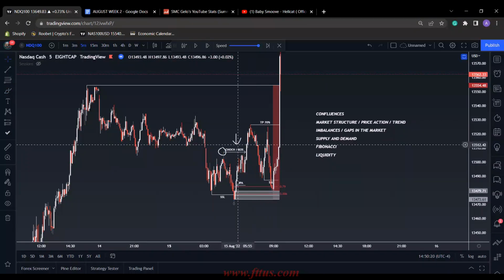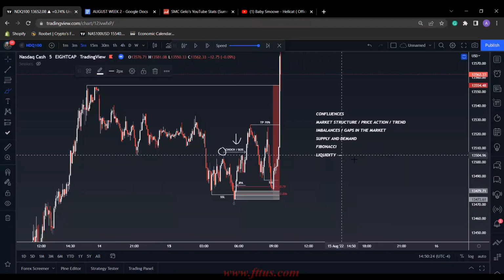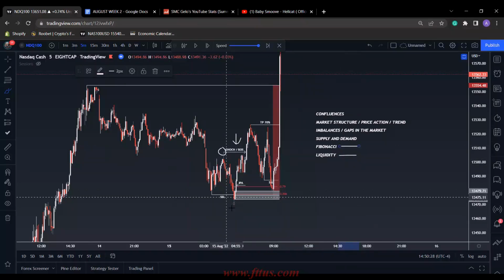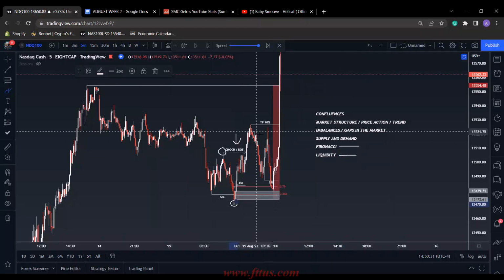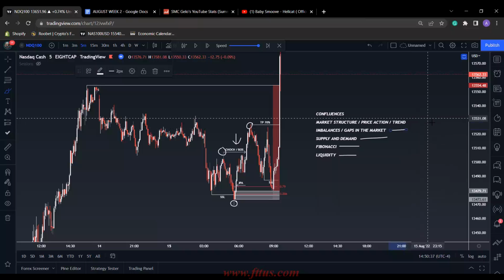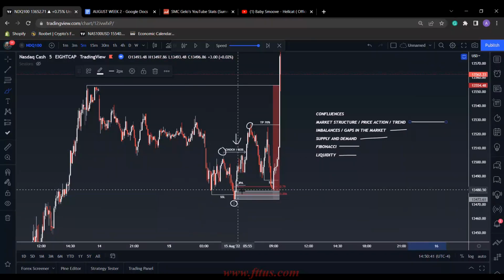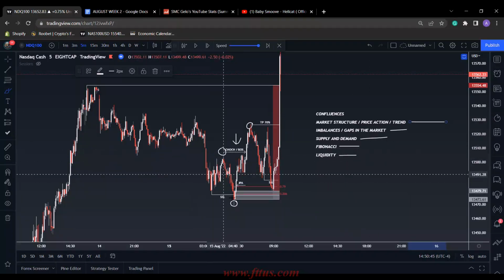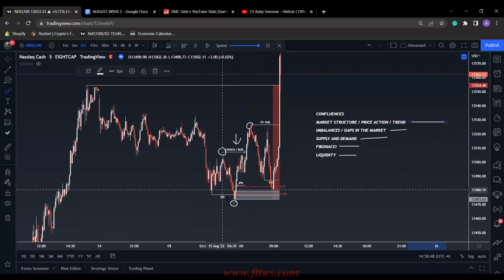We also had our imbalance right here, so liquidity check, Fibonacci lined up from the swing low to the swing high. Fibonacci lined up, we had our demand zone, we had the imbalance sitting right above the demand, and we had, of course, a change of character, taking out the previous swing high, forming a new high that we marked up with the fib.